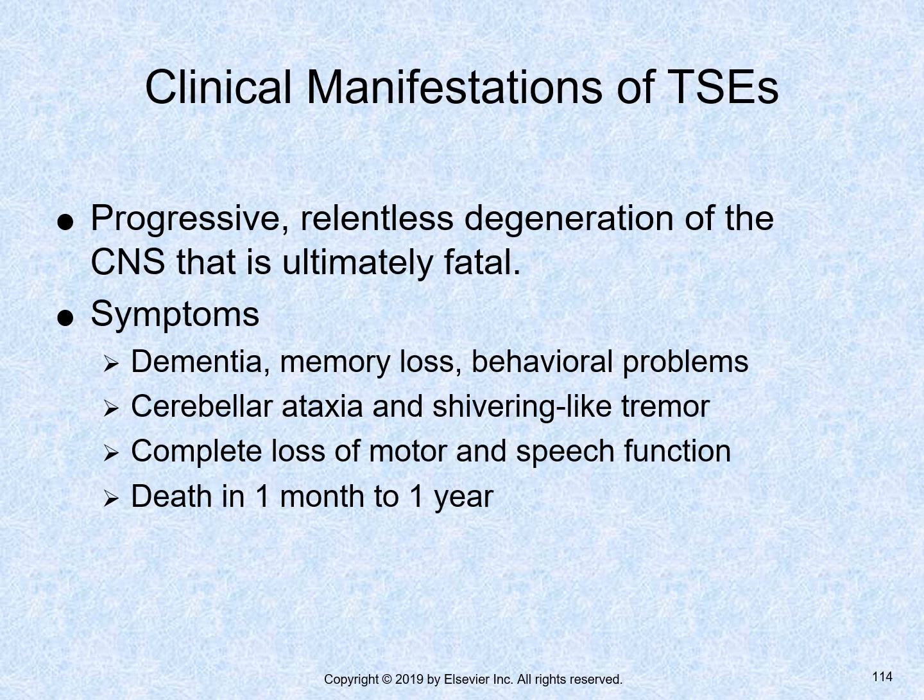Clinical manifestations of transmissible spongiform encephalopathies include progressive, relentless degeneration of the central nervous system that is ultimately fatal. Symptoms include dementia, memory loss, behavioral problems, cerebellar ataxia, and shivering-like tremor. Complete loss of motor and speech function can occur, and death progresses in 1 month to a year of infection.